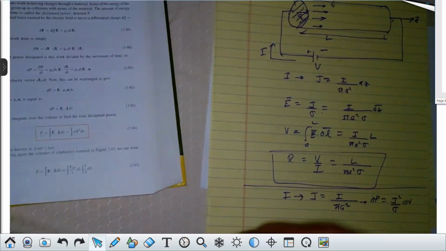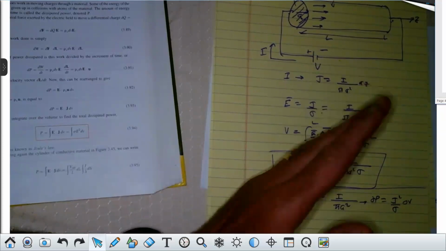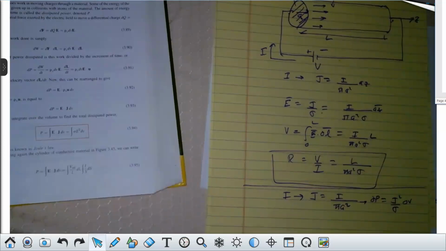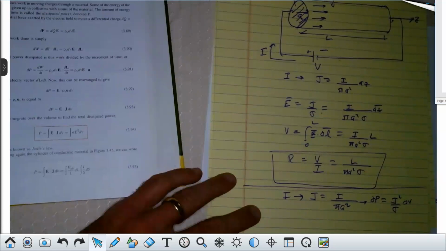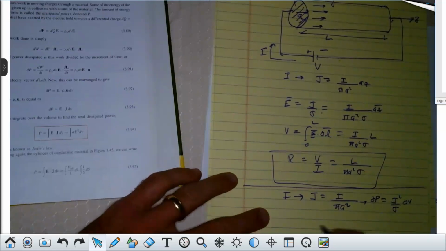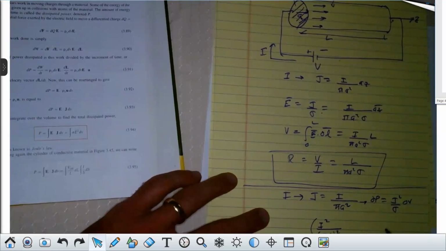I said it was E dot J or J squared over sigma or sigma E squared. Do y'all remember this, class? You okay with that? Got to make sure. All right, that's the differential power. So I can say this would be equal to J squared divided by sigma.